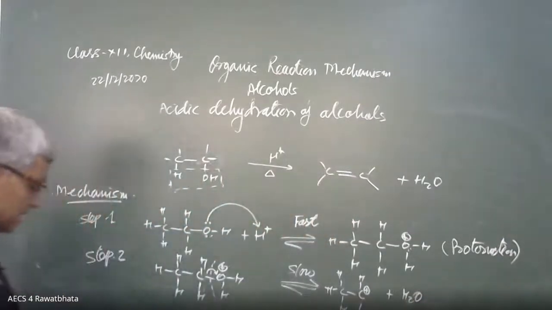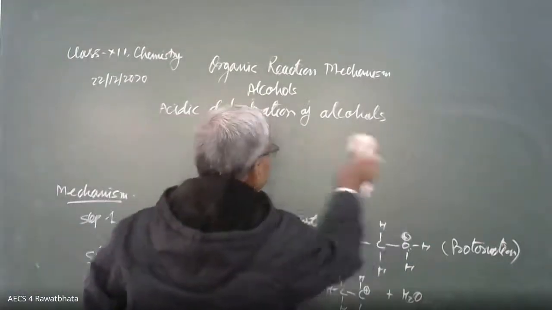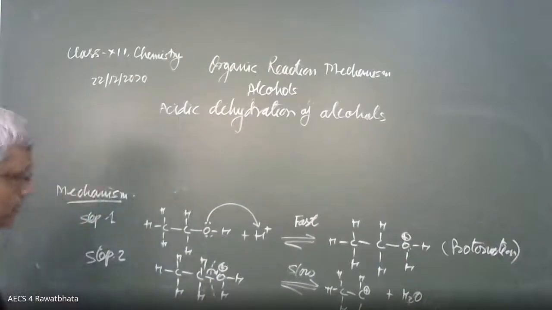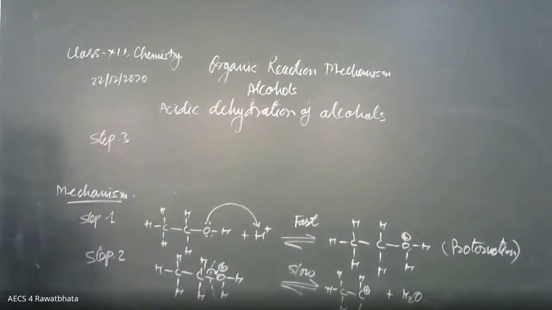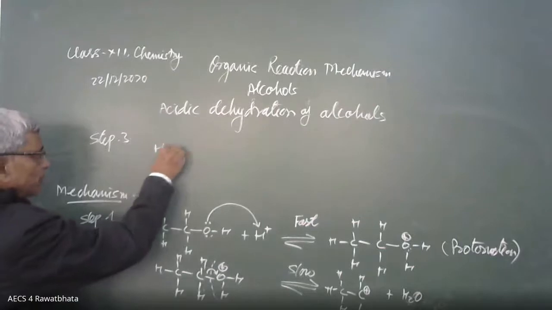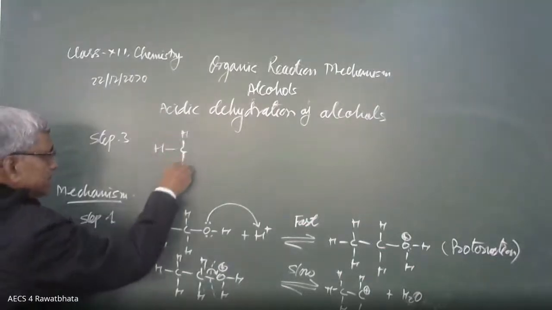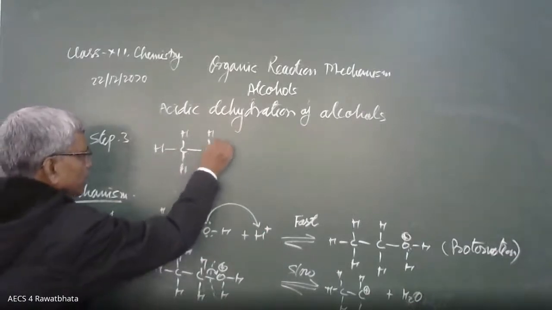Okay, beta. And final step 3, let me write here. Step 3, this carbocation is going to change into alkene after the loss of proton. Here is C, here is H, carbocation.